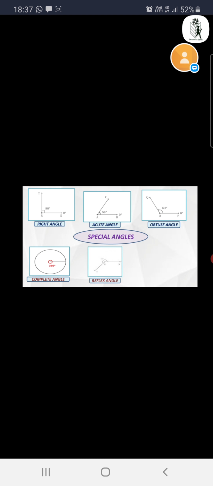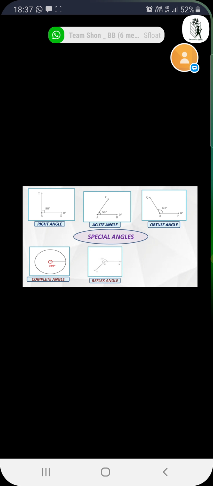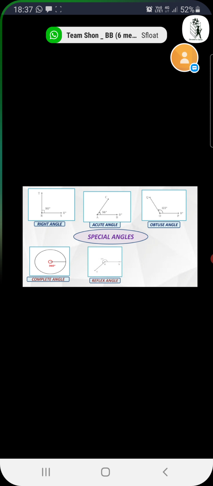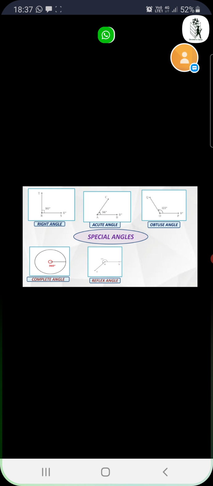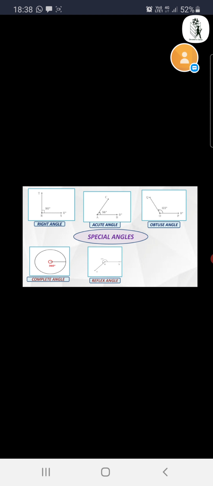Now if there is an angle which measures more than 180 but less than 360 degrees, it's called a reflex angle. So the number will lie between 180 and 360. Here you can see this angle measures 245 degrees.